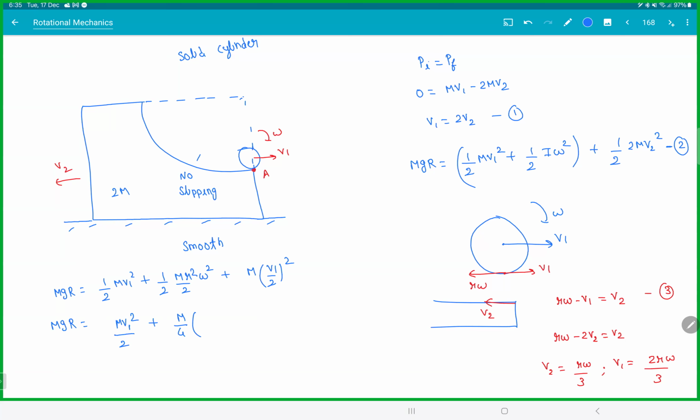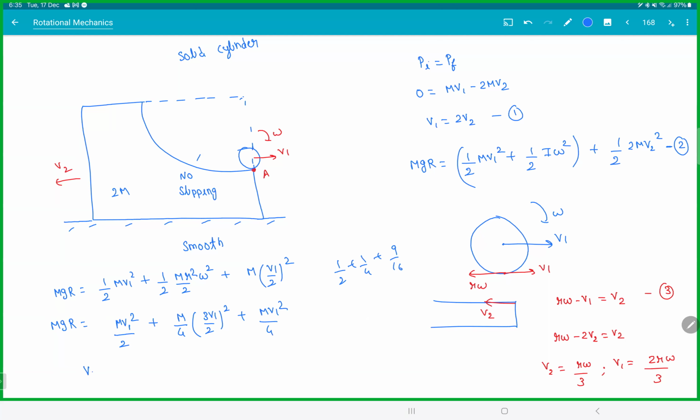This is m by 4 times R omega, which is 3V1 by 2, squared, plus mV1 square by 4. Yeah, numbers are not that great, but how much is this? This is half plus 1 by 4 plus 9 by 16. This is 3 by 4 plus 9 by 16. Multiply 4 and 4, that would be 12 plus 9. Okay, that is 21 by 16.